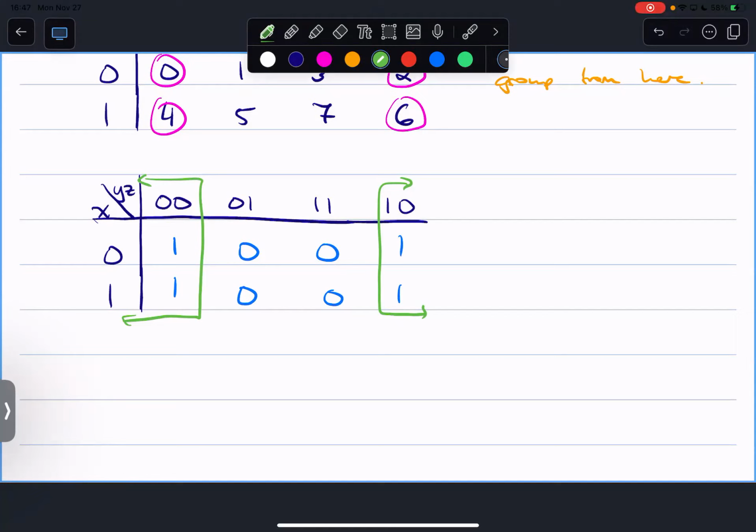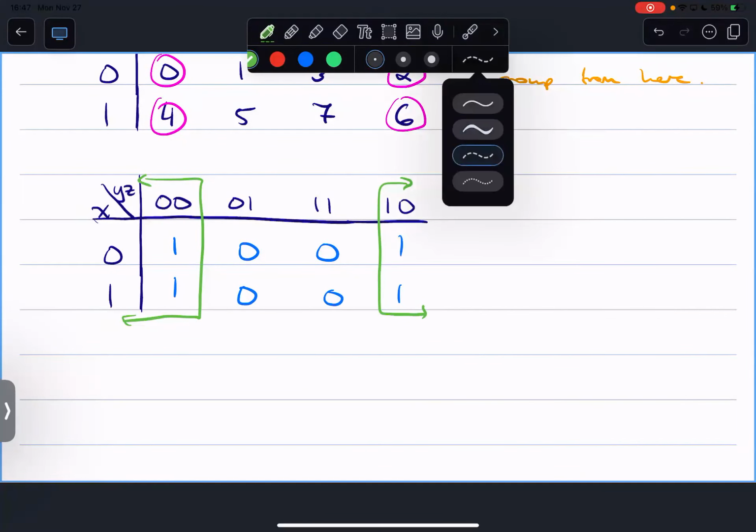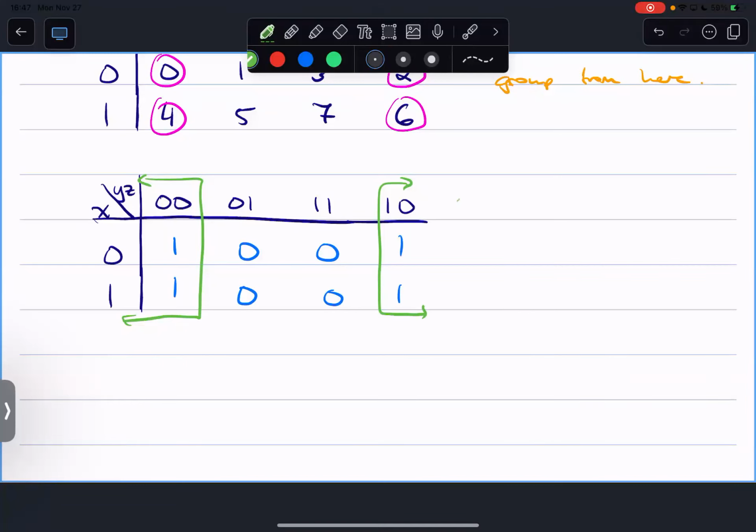Because in theory, I could have written 0, 0, 1, 1 here, right? And made that a group. So just because I didn't, right, it cycles through. And so that's how I see that that's a group of 4.